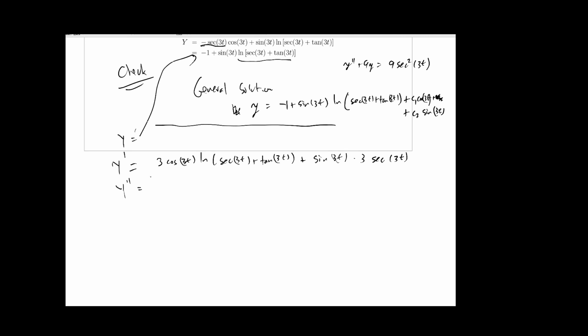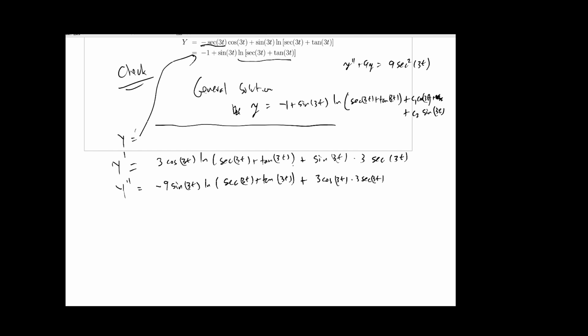Y double prime is then the derivative of this, so we again just use the product rule here. We take the derivative of 3 cosine 3t to get minus 9 sine 3t times the log of secant of 3t plus tangent of 3t, plus the first term here, which is 3 cosine 3t, times the derivative of this log of secant 3t plus tangent 3t, which we already determined was 3 secant of 3t.